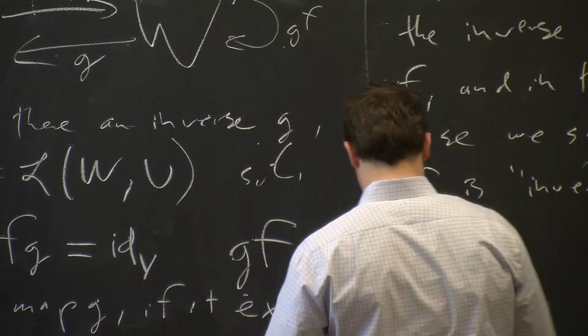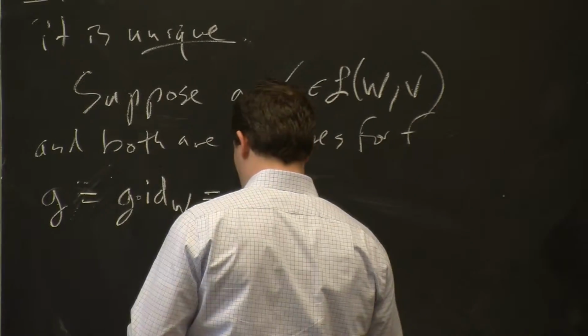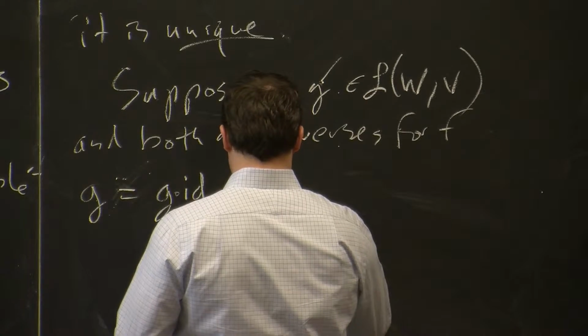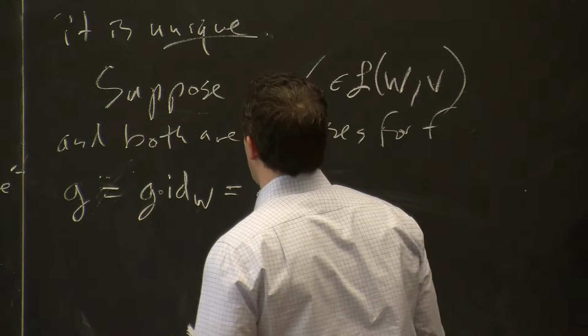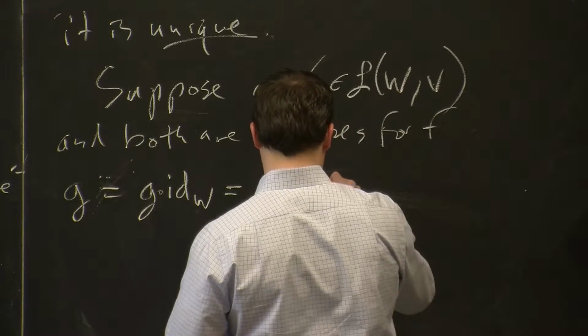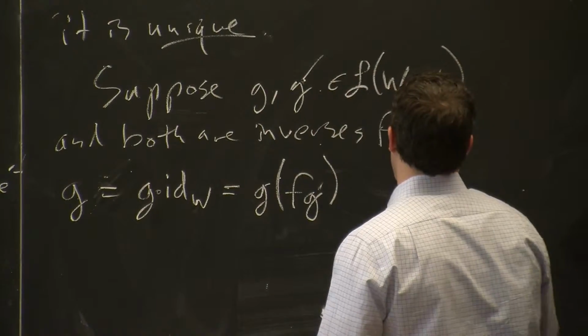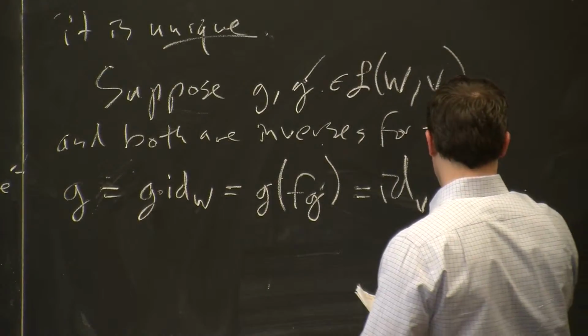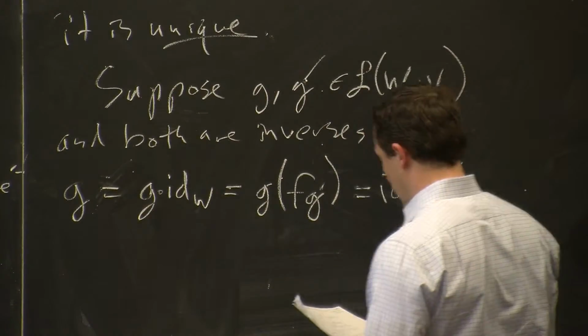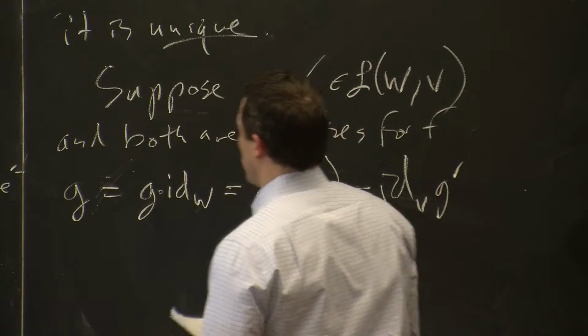Maybe I went the wrong direction there. So this is equal to G F G prime. And that's equal to the identity on V of G prime, changing the parentheses, GF.